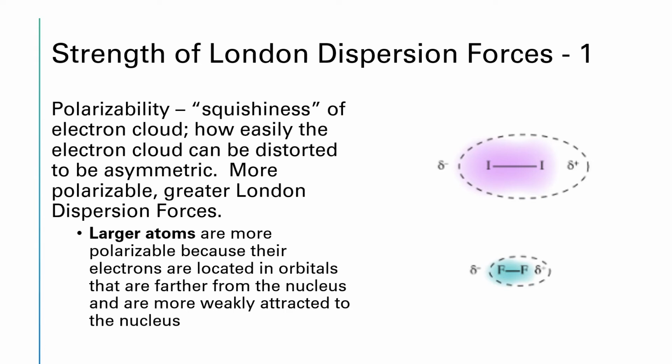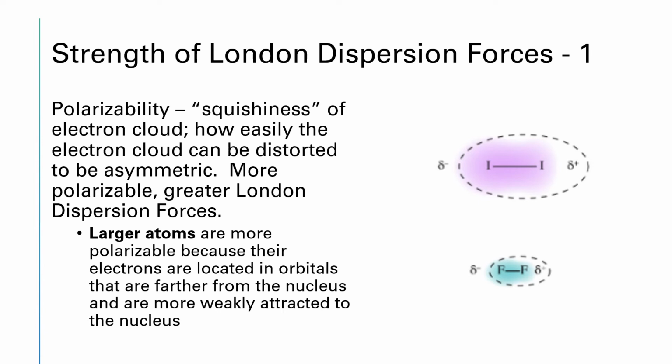And these electrostatic interactions are inversely proportional to distance. So in iodine, where those electrons are farther away from the positive nucleus, that attraction is greatly reduced. And so it's really easy to squish around the electrons in iodine and not so much to squish around the electrons in fluorine.